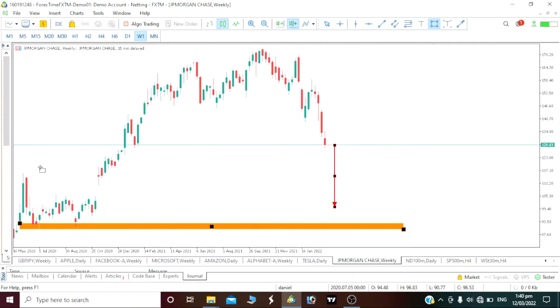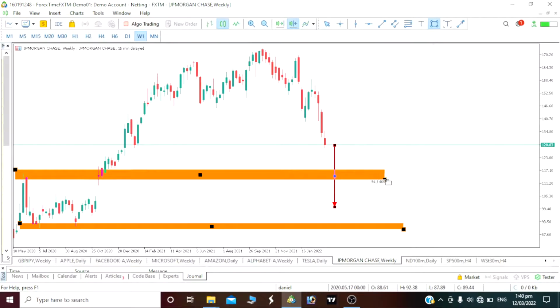We should be seeing our sell position, but before that we should also see our sell position here, whereby our price will come here. We should be able to take our sell position here before you can see a pushback up here, before you can see the continuing bearish movement. So on our JP Morgan Chase, we should also be seeing a bearish move this week.